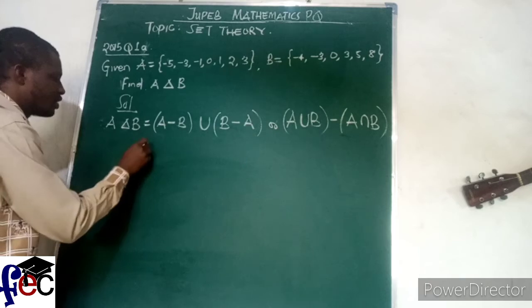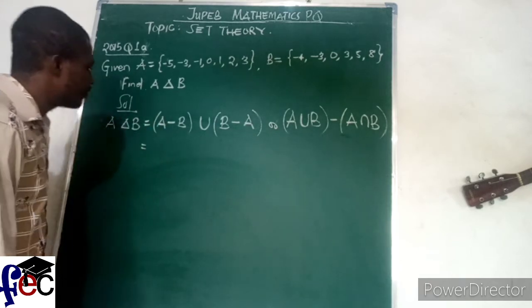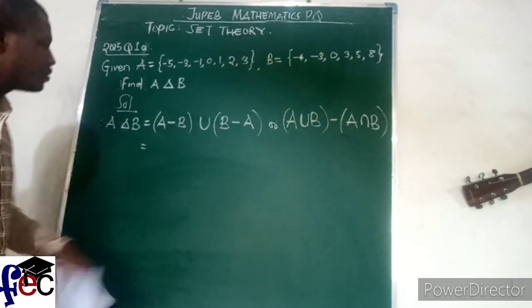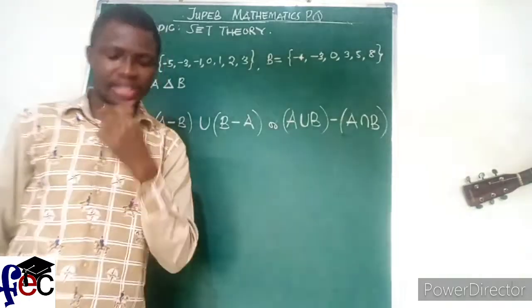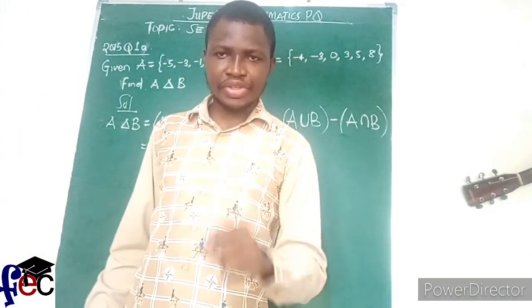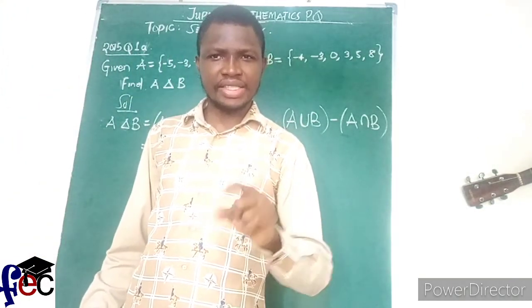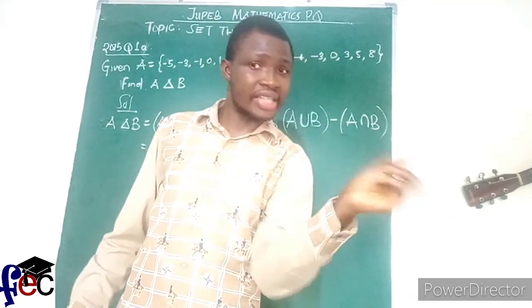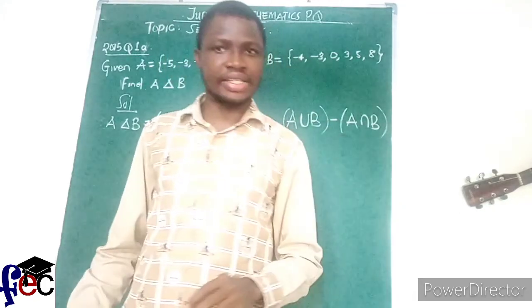So now using this particular one, let's find the relative complement of set B with respect to A. Don't forget, when we talk about the complement of a set, we are looking at the elements that are present in the universal set but not in the given set.